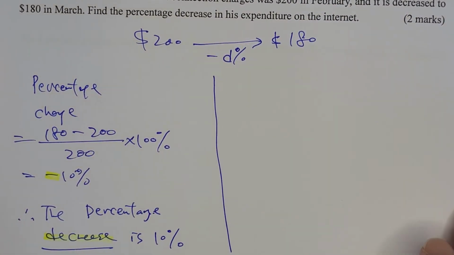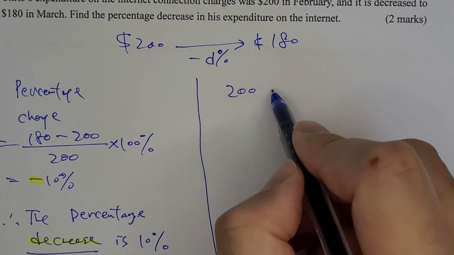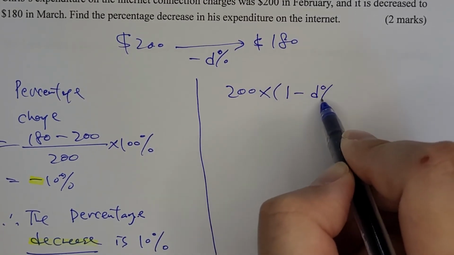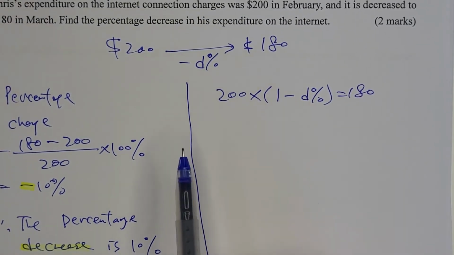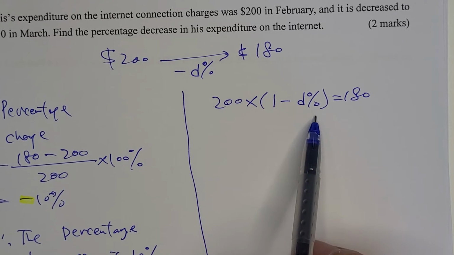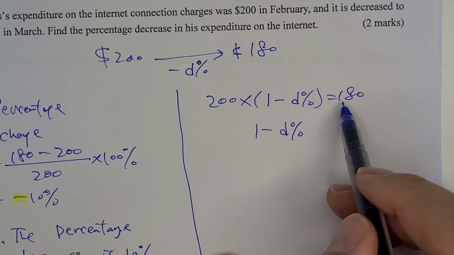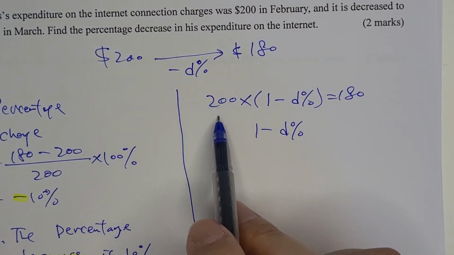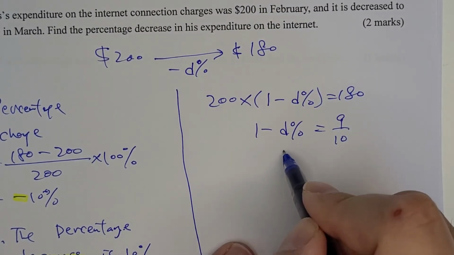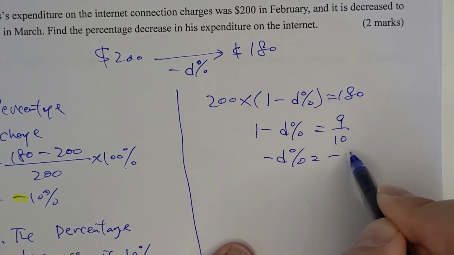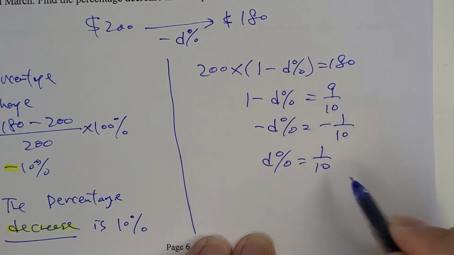Second method, using the concept of equation. Original number is 200. Now it changed to 180. So you know there's a percentage decrease, so it must be 1 minus d%. How do we find d? So 1 minus d% is 180 divided by 200, that is 9/10. And negative d% is negative 1/10, so d% is 1/10.